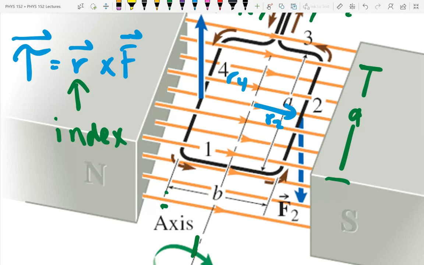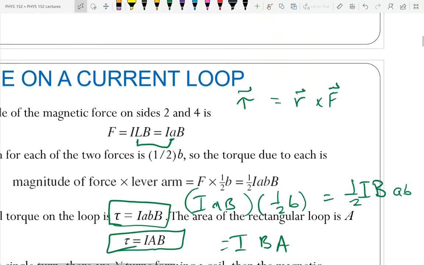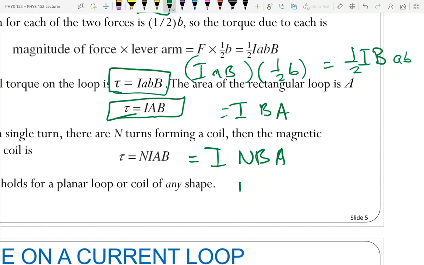For a flat surface, we define the vector for the area as the normal direction. So the area of this tabletop is pointing up. The area of this loop is pointing up, perpendicular to the magnetic field. So this equation that we found is if the area is perpendicular to the magnetic field.